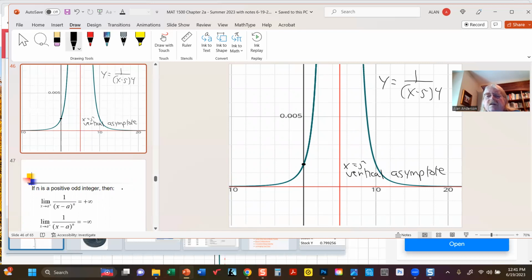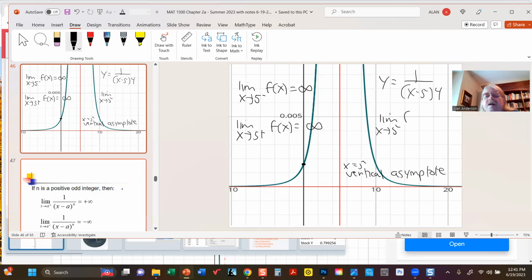But it's also clear that the limit on this side, as x approaches 5, is positive infinity, because the function keeps getting larger and larger and larger without bound. And at the same time, when we come from the right, it's also infinity. So that implies that the two-sided limit does exist, and it's equal to positive infinity.